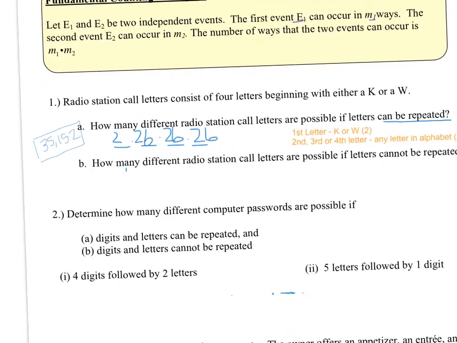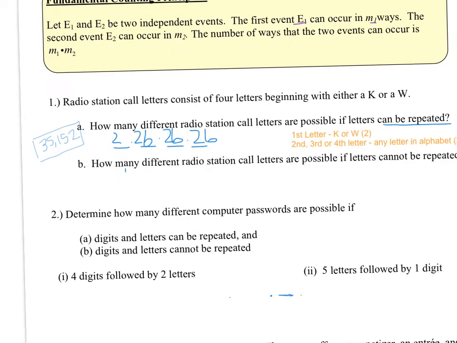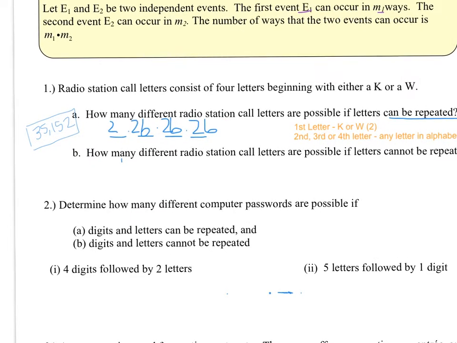Now what if it asks how many different radio station call letters are possible if letters cannot be repeated? You're still using the 4 letters, and K or W is still going to be the first letter. But if we can't repeat letters, that means that if we use a K or W, we've used one of those letters.